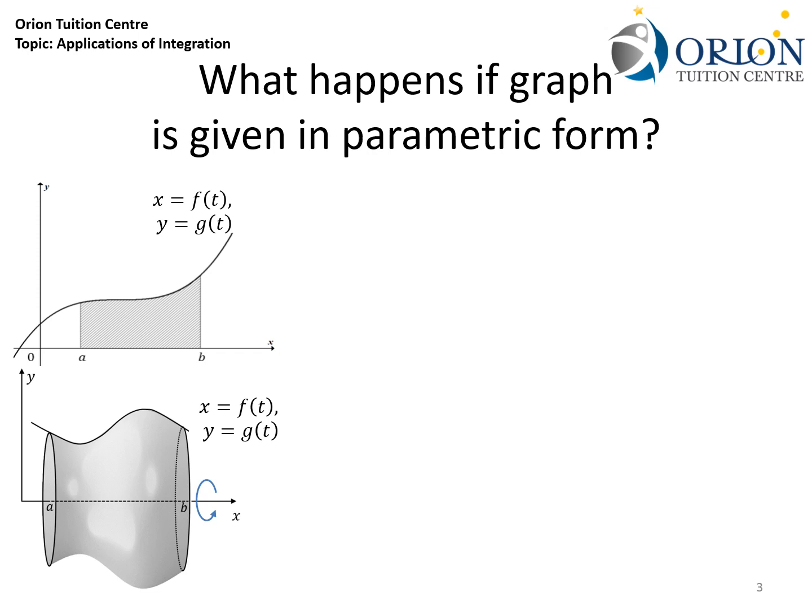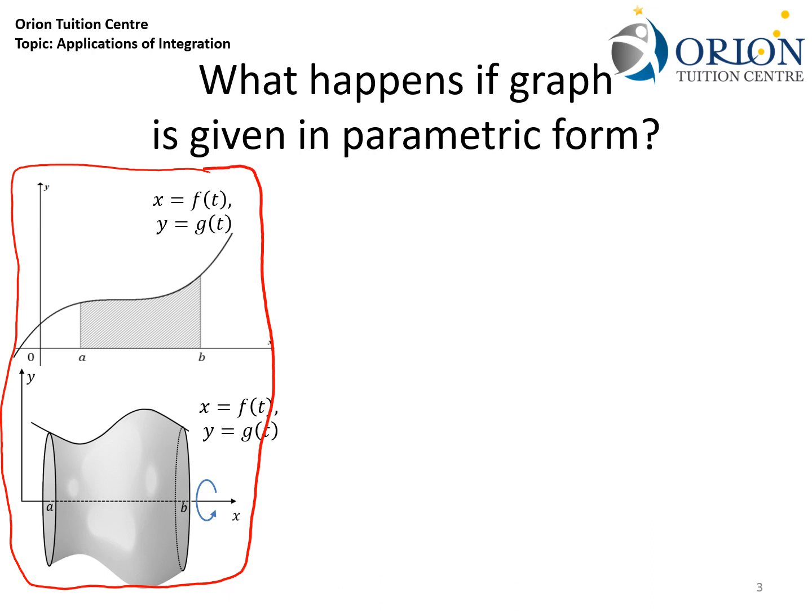For example, if we look at these two regions of interest over here, how can we find out the area and volume respectively? For this area over here, we can start with A equals the integral from a to b of y dx, which is the same exact formula as earlier. Now let's perform a substitution.